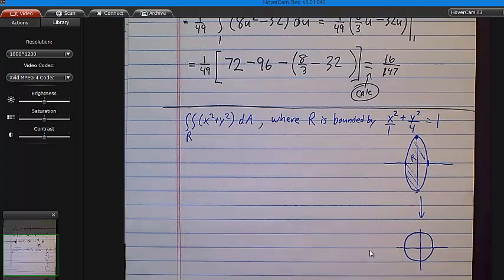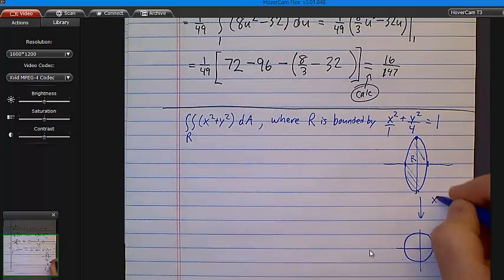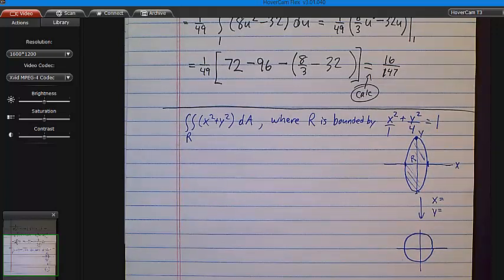So let's figure out what the transformation should be to turn this ellipse into the unit circle. You just have to tell me what x is going to become and what y is going to become. Here's x and here's y, so we have to relate those to u and v.